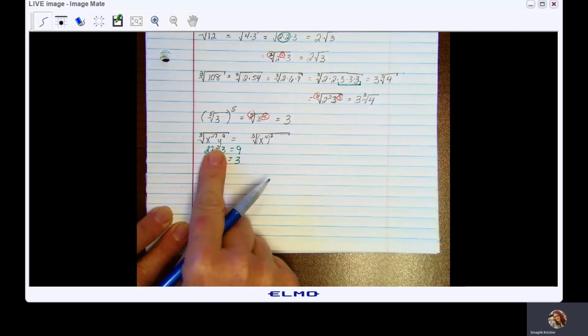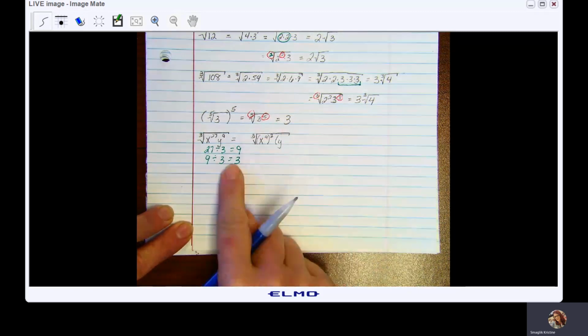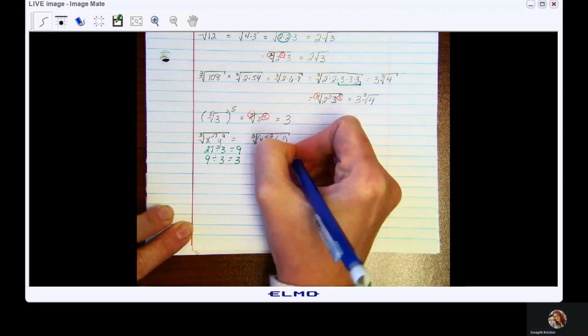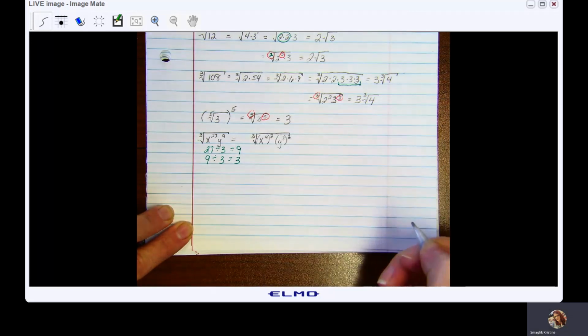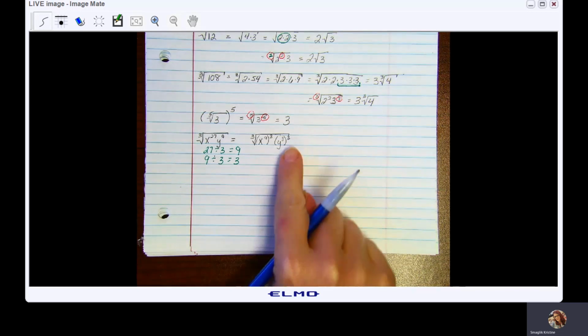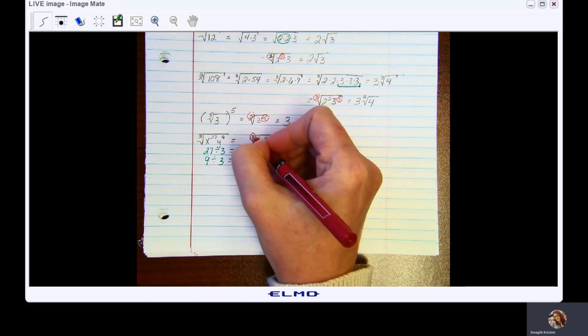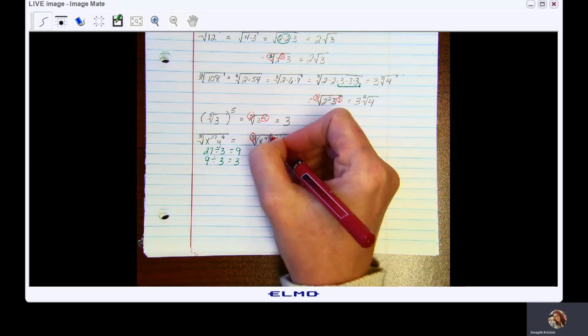And now this y to the 9th, well, we could also write that as y to the 3rd raised to the 3rd. And now, because I have these 3's out here, my index of 3, my root of 3, these will cancel out.